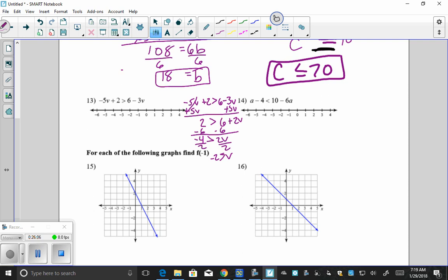If you want to, you can rewrite it as v is less than negative 2. Either way you write it, I'm okay. So I'm going to put an open circle at negative 2, and because v is less than negative 2, it goes to the left. My interval notation is going to be negative infinity to negative 2 with the parenthesis.